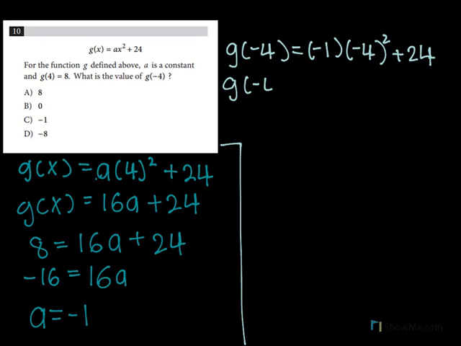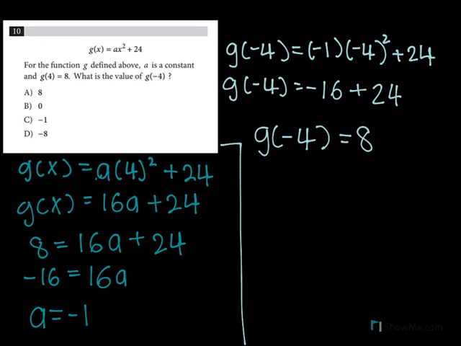So this could be simplified. g of negative 4 equals negative 16 plus 24. So 24 minus 16 is 8, so we know that g of negative 4 is in fact also 8. So we mark A as our answer.